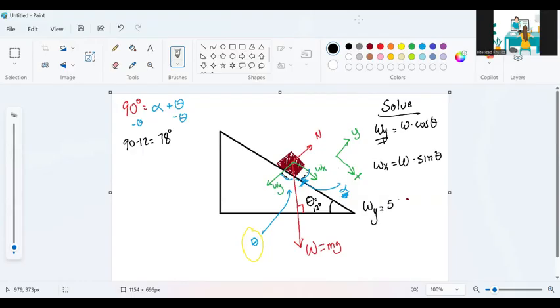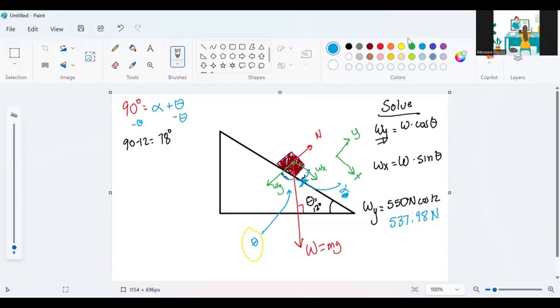The original weight of the crate is 550 newtons. And we're going to multiply that by cosine of theta, which is 12. When you plug that into your calculator, you should get 537.98 newtons.